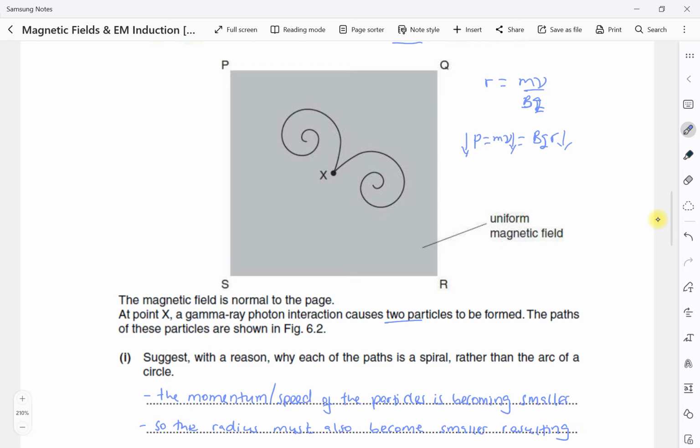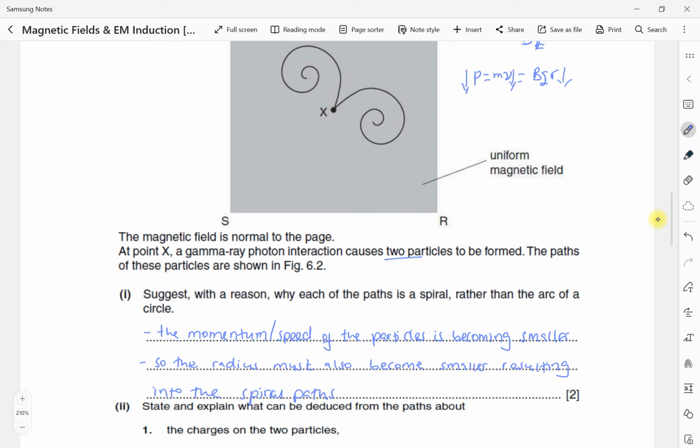Okay, so it means that now the speed of the particles is changing, because we are seeing they are becoming spirals, which means the speed of the particles is changing. And because the momentum of the particles is actually changing, the decrease in the radius of the paths implies that the particles are now moving slower because the radius is becoming smaller.